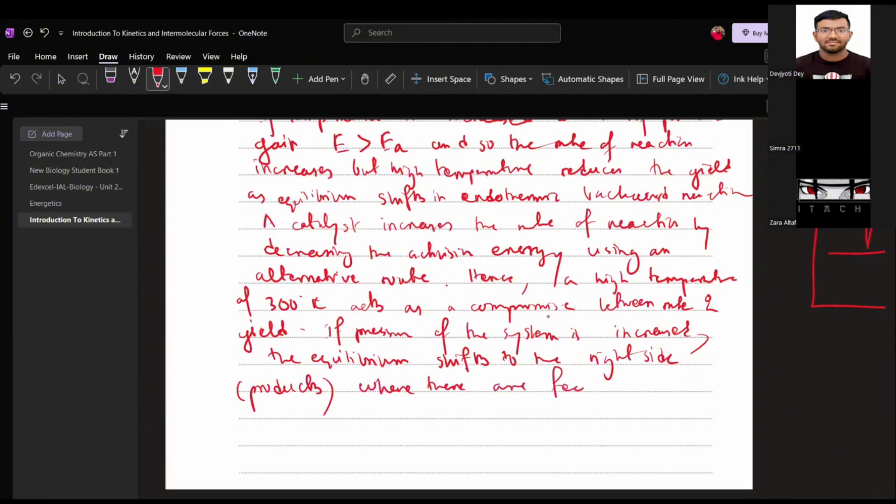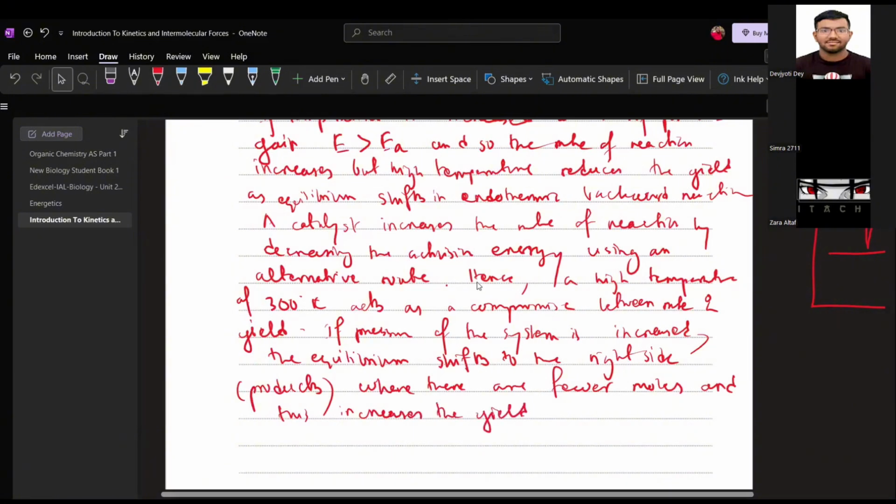There are fewer moles, and this increases the yield, obviously.